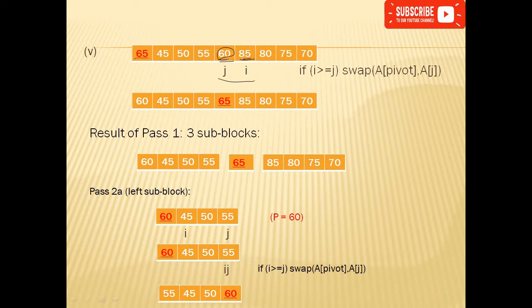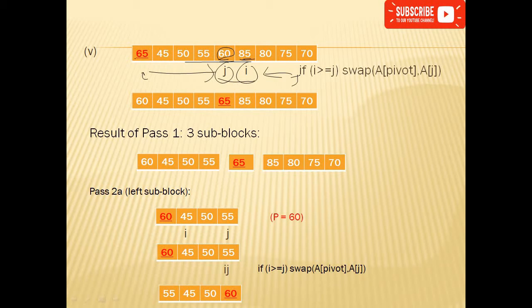So keep in mind that if i crossed j, if the index of i is crossing the index of j, then the jth element will be swapped with the pivot element. Here when you observe that i has crossed j, so j is here, i is here, meaning i is moving from this side, j is moving from this side.